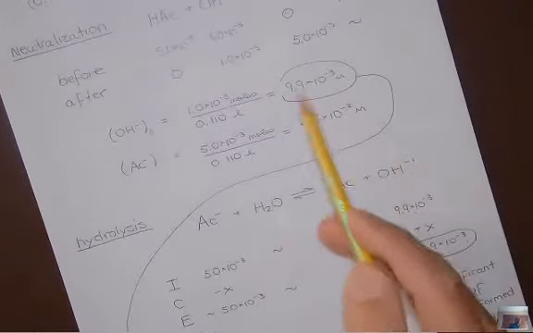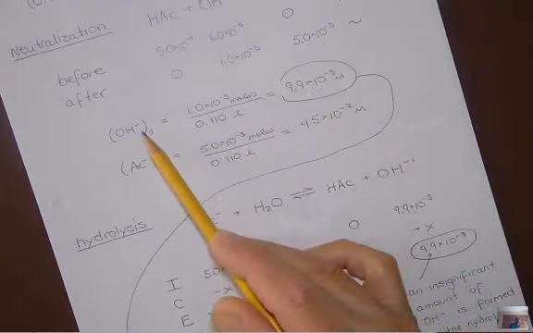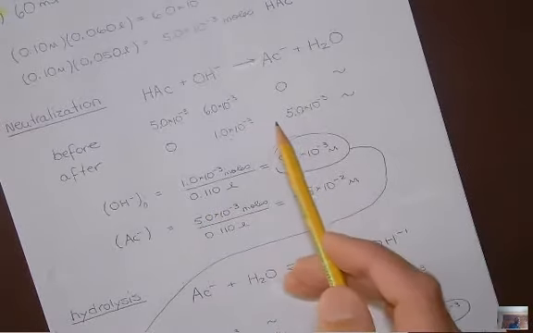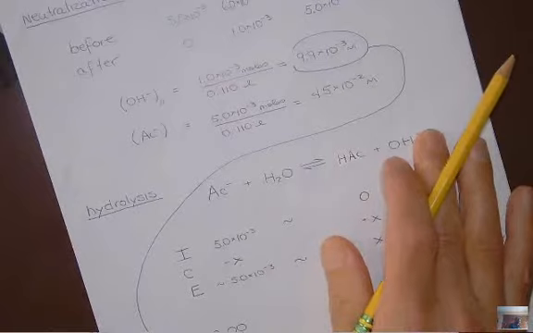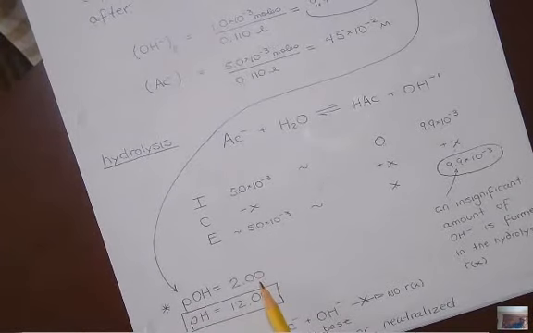So from up here, you could have been done. You could have calculated pOH from the amount of hydroxide left over after the neutralization, and that would give you a pOH of 2 and a pH of 12, because 14 minus 2 gives me 12.